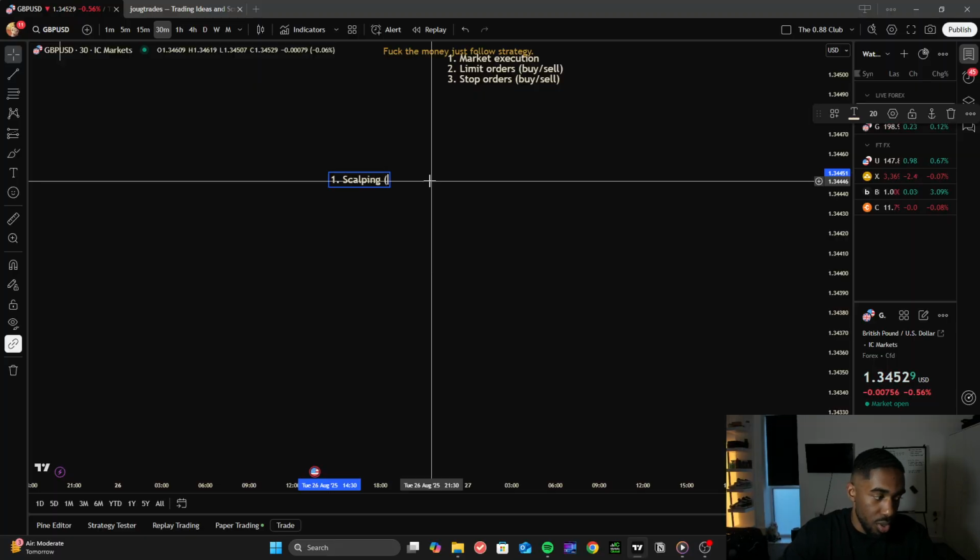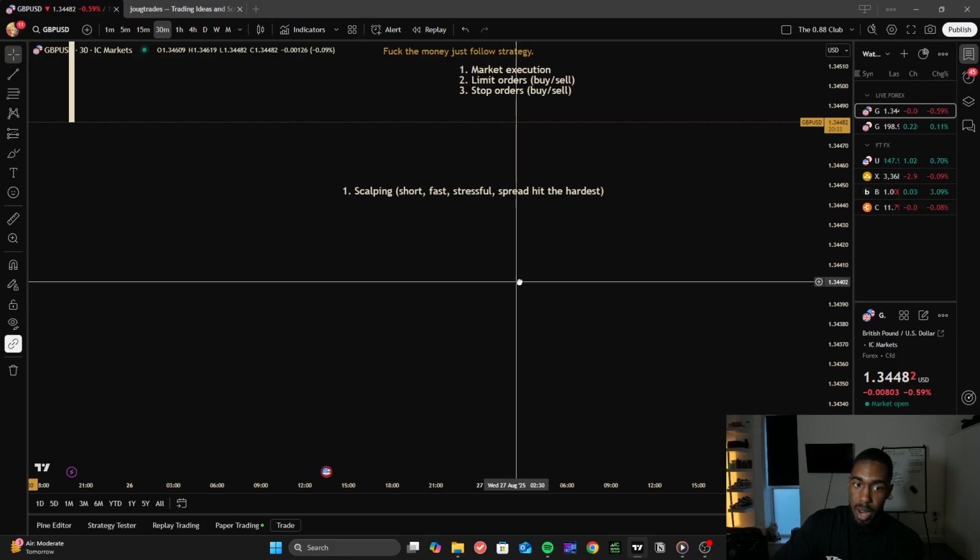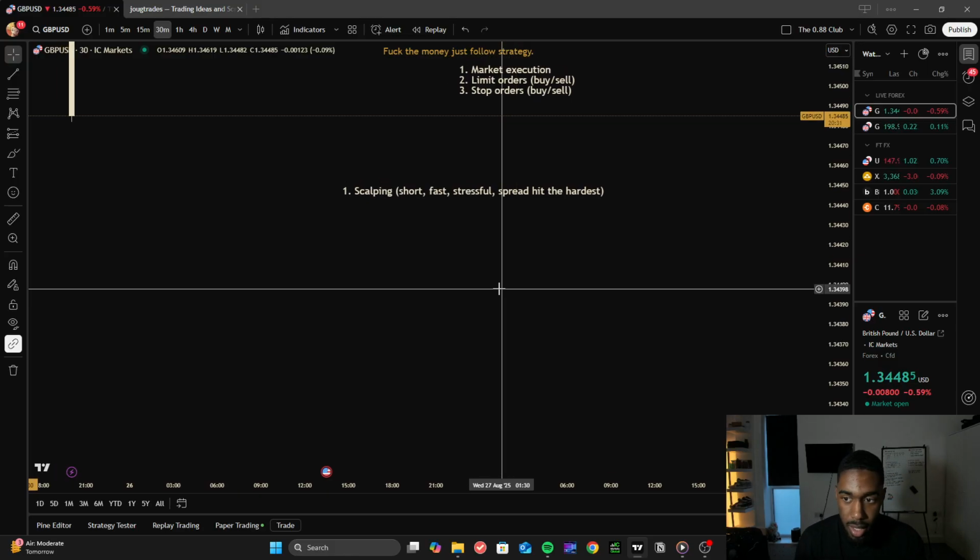Scalping is short, it's fast. Me personally, I'm saying it's stressful. And spreads, they hit you the hardest. I remember when we were talking about pips, right? In scalping, you are trading a few pips.